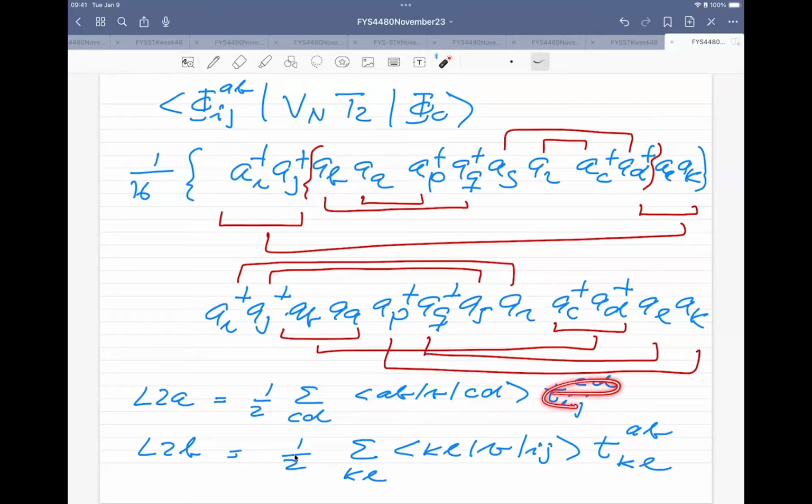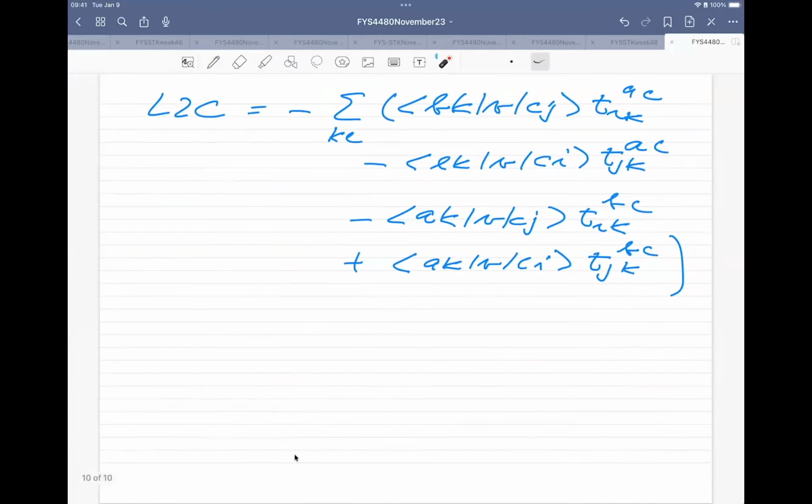This is rewritten as a matrix. So the way you would calculate this is to set up matrices of these integrals and then calculate efficiently and perform matrix multiplications. And some of these terms here can actually be calculated as intermediate terms because they will appear in other terms. We will see that a little bit later.